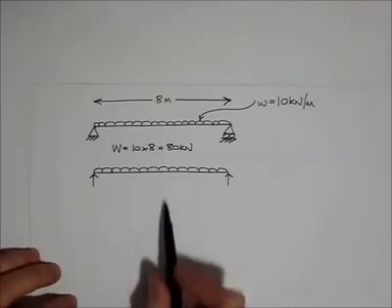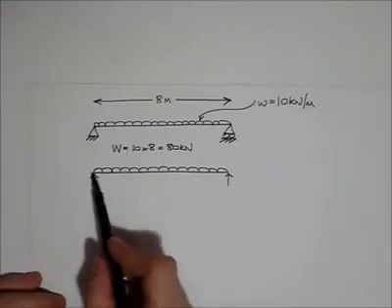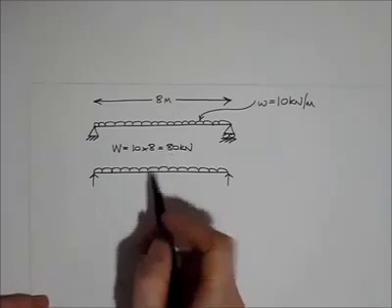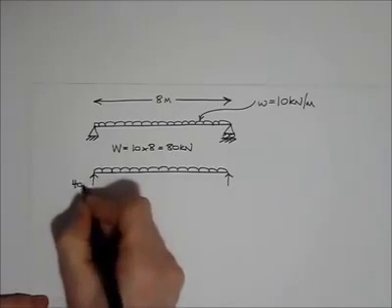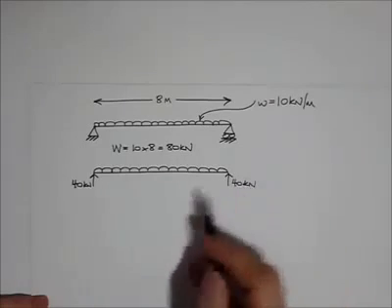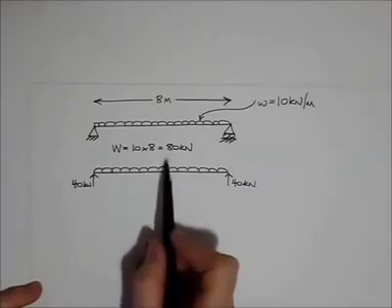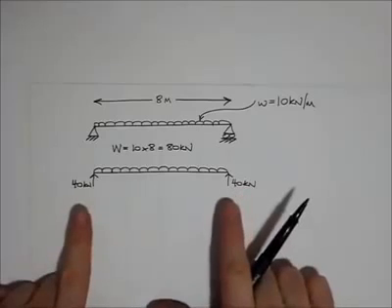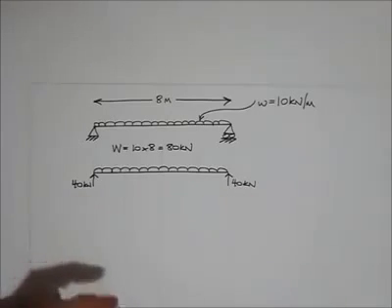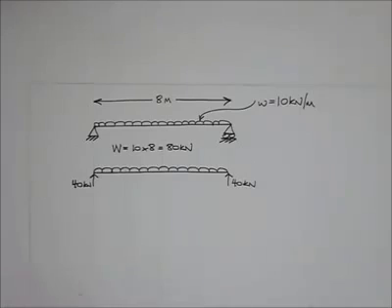Now as it's symmetrical, I'm not going to waste time taking moments around each of the supports to find the reactions. I'm just going to use some common sense, and each of the reactions is going to be 40 kilonewtons. So if I resolve vertically, I have 80 kilonewtons going down and 40 kilonewtons going up at each of the reactions. Great.